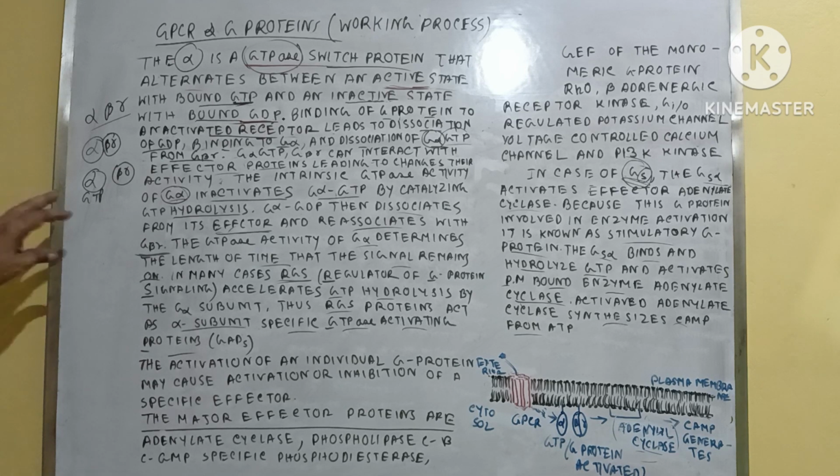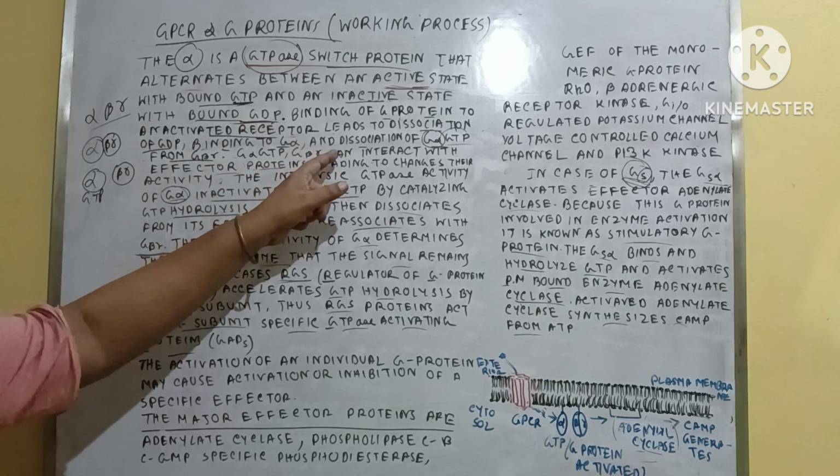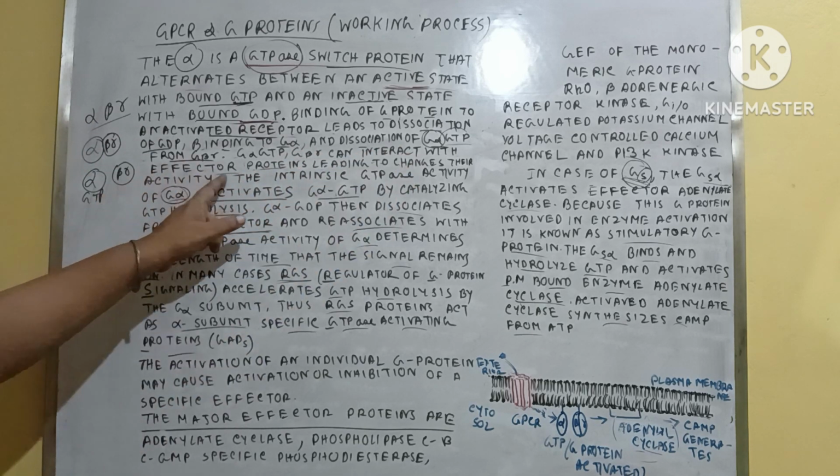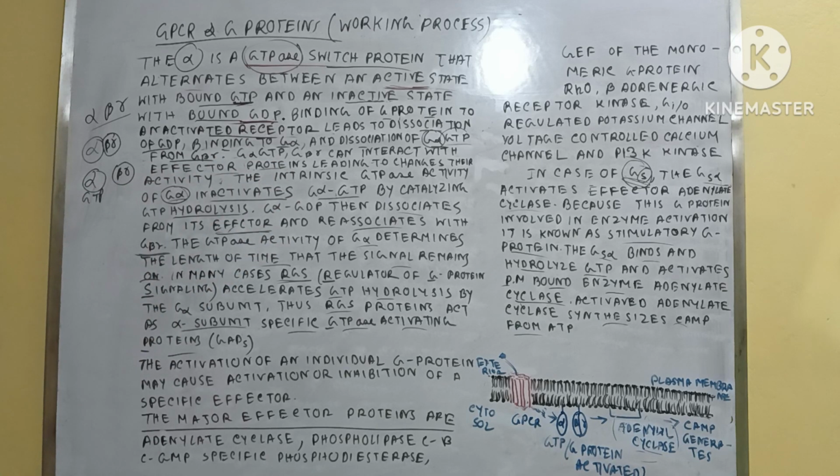Okay, so what is the role of these two compounds? These can interact with the effector proteins. Okay, so these two can interact with the effector proteins, and this is happening in the presence of GTP.